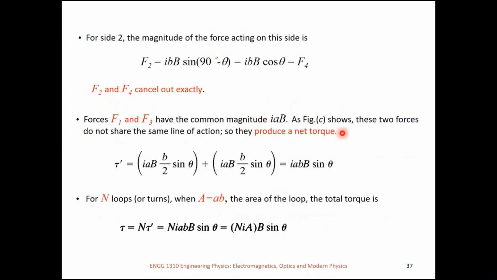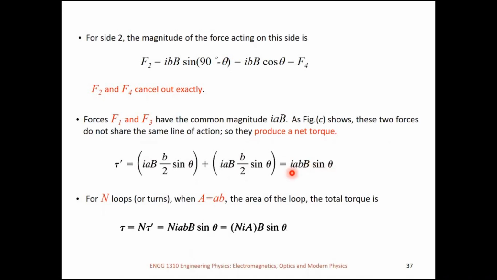So they can produce a net torque. We have IAB multiplied with b over 2 multiplied with sine theta. That's the torque generated by F1. F3 is the same, IAB b over 2 sine theta. Adding together, that would be IAB b sine theta.